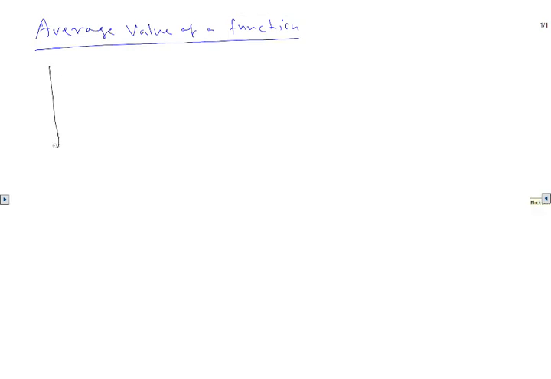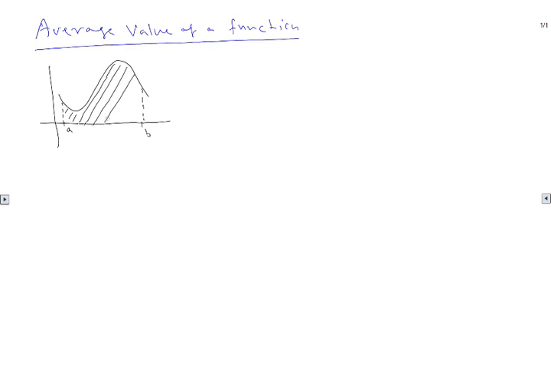So let's look at what we are trying to do here. Let's say you have a graph, something like that, going from A to B. This graph has an area below the curve.